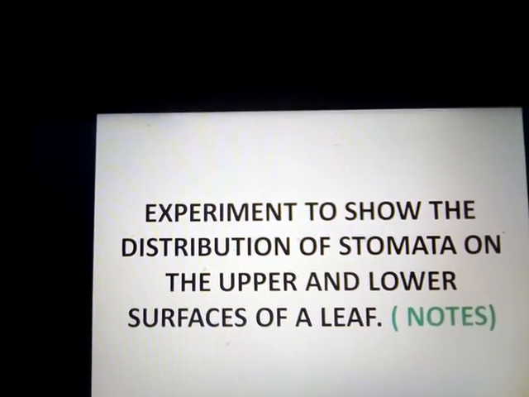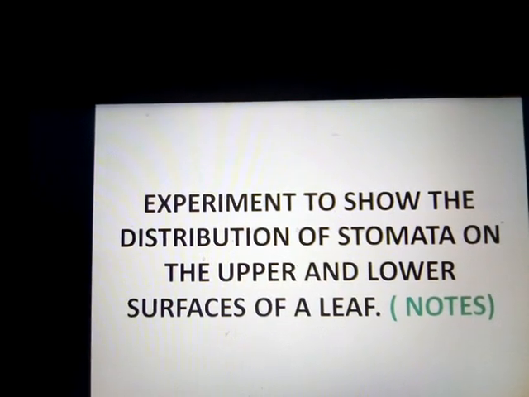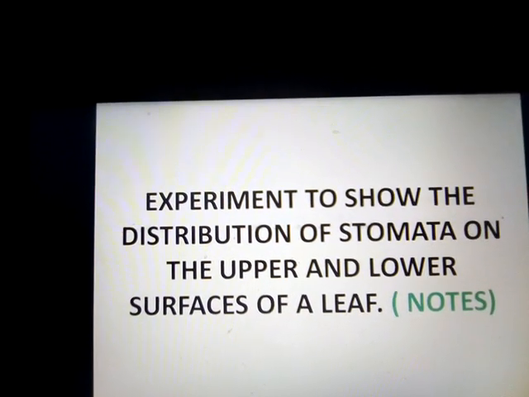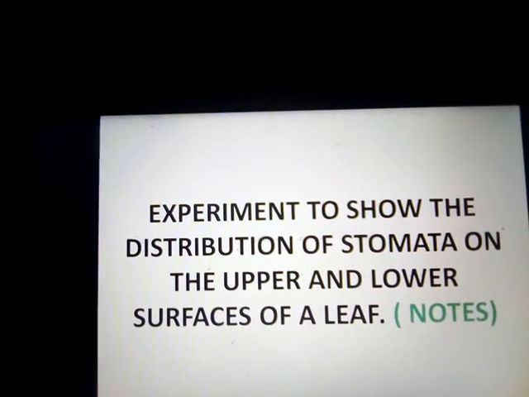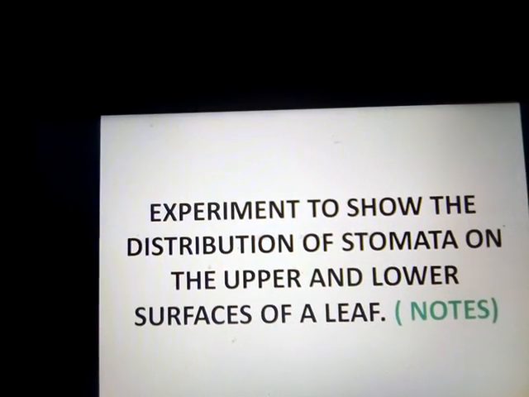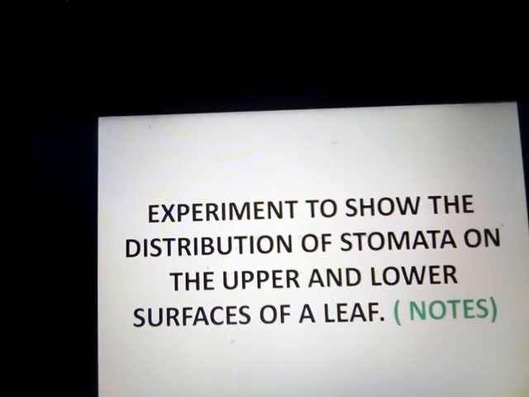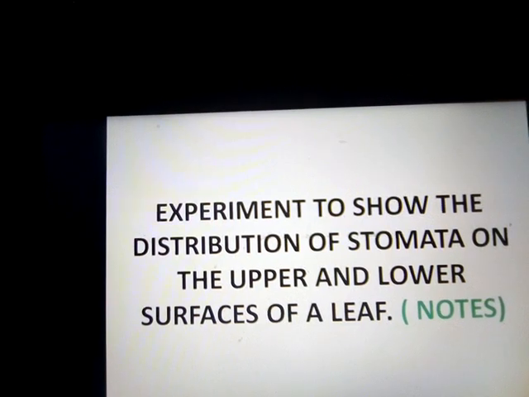Method 2. Take two leaves of the same plant and of the same surface areas.